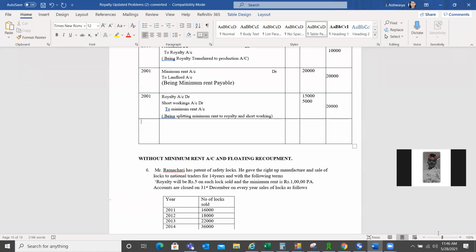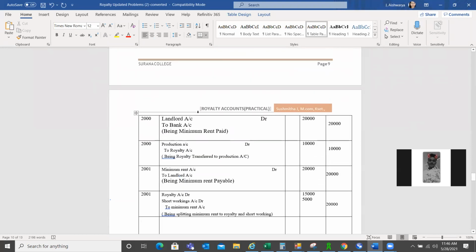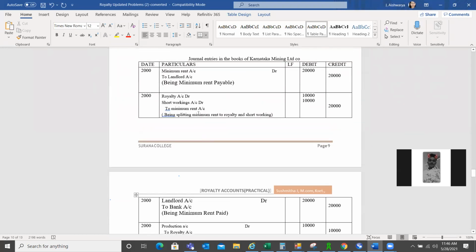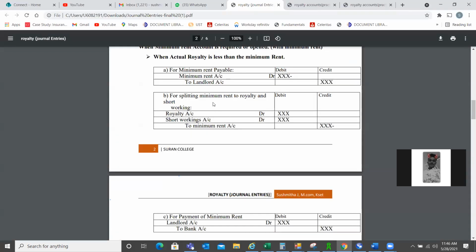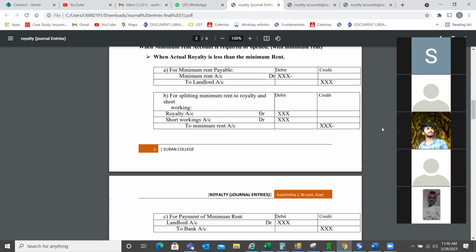Yes, Kiran. So what is the next entry that I have to take, Kiran? Okay, just look into the journal entries. So after minimum rent payable and after splitting the minimum rent to the short workings, what is the next item that we have to take? Ma'am, landlord account debit to bank account.